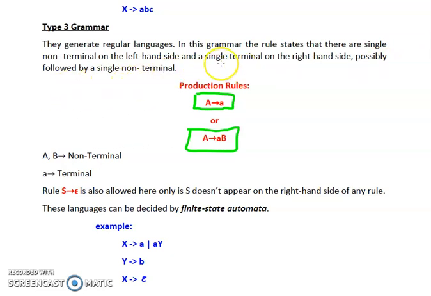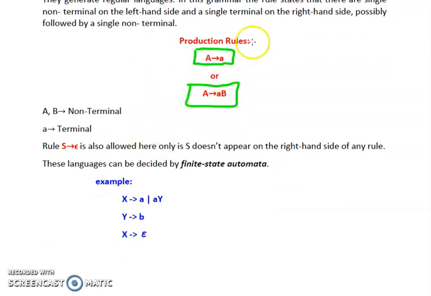That means the single terminal on the right hand side can also be followed by a single non-terminal on the right hand side. So in the second production rule we can see that there is single terminal on the right hand side that is followed by a single non-terminal on the right hand side. So these are the two production rules which can represent the type 3 grammar, and type 3 grammar generates regular languages.